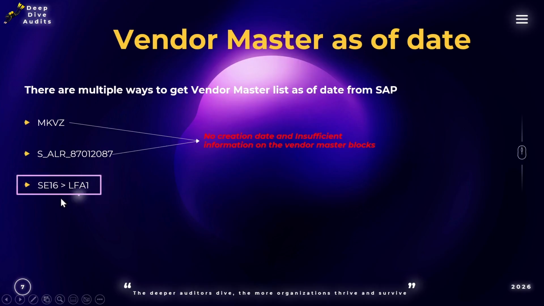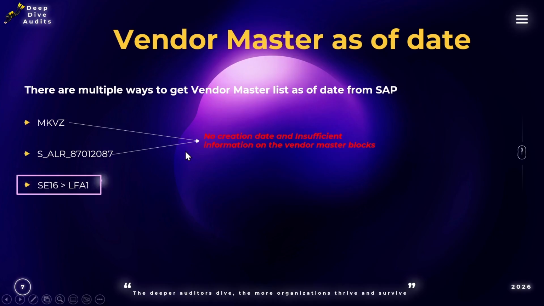That's why our best and the safest approach would be LFA1. However, if you do not have table level access, you can directly approach the IT team in your organization to provide you the required data from this table, or you can ask them to create a customized transaction that provides the data from the LFA1 table, but you may need to create a business case or a justification for why you need that customized transaction.